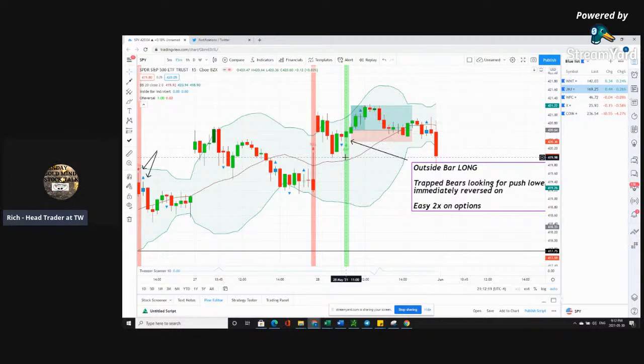But let me phrase something else to you guys. What about an outside bar? Is an outside bar subjective? Does it have room for interpretation? What do you guys think?